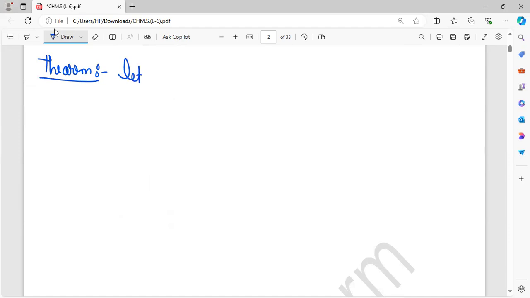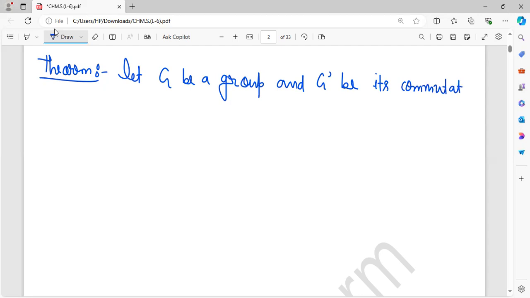Let G be a group and G dash be its commutator subgroup.